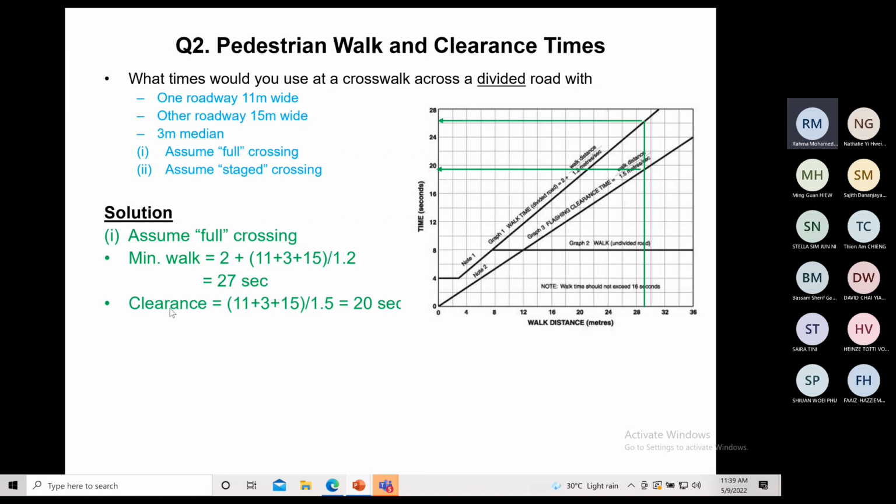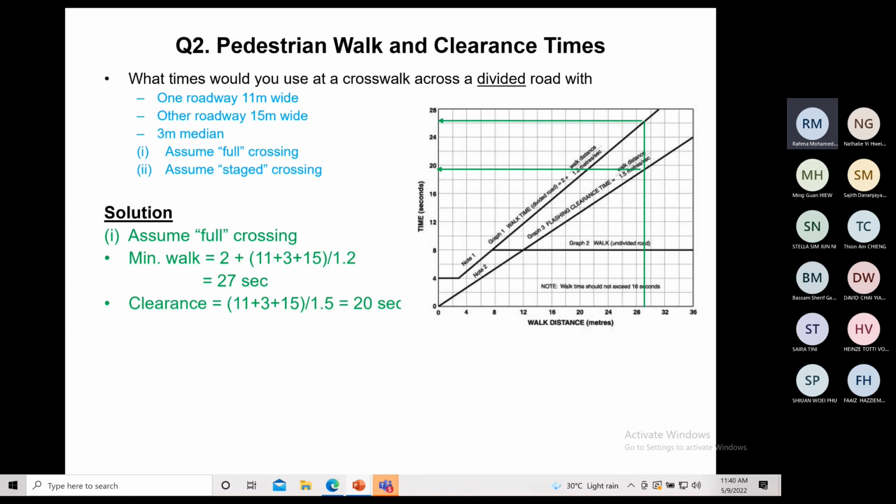Then you have clearance time. For slower pedestrians, you can use this formula: walk distance divided by 1.5, or you can just directly read from the graph. If you read from the graph, you still get around the same answers. So we are done with full crossing. If you assume full crossing, this is the answer.